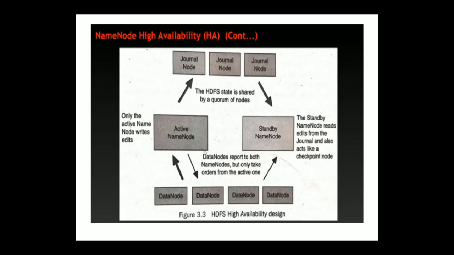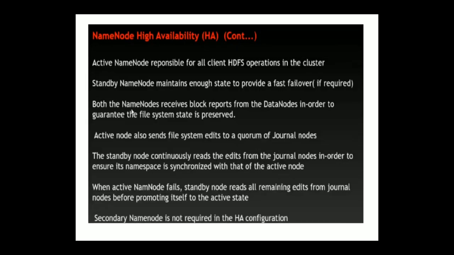The HDFS state is shared by the quorum of journal nodes, and the data nodes report to both name nodes but take orders from the active one only. The data node always has to communicate with both the active and the standby name node, but the operations or orders have to be taken from the active name node only.